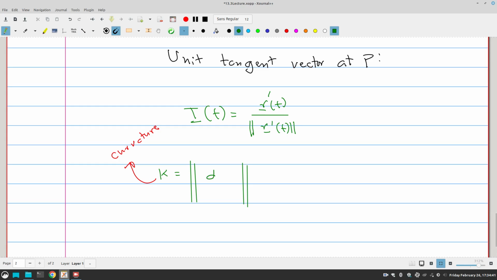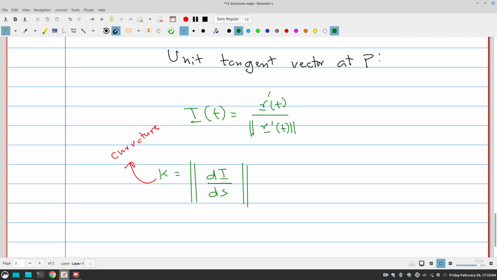Of dT over ds. So this tells you how fast the tangent vector changes as you move along the curve, right? So that's dT over ds. Of course, the curvature can be written in terms of another parameter t by the chain rule.